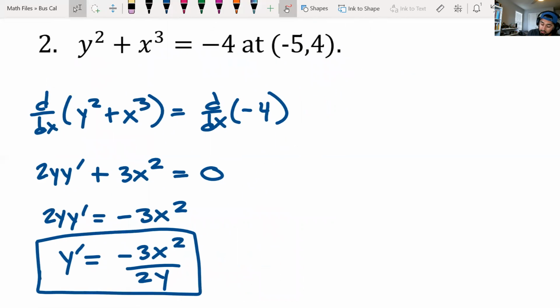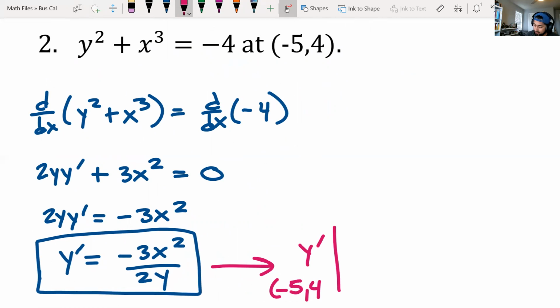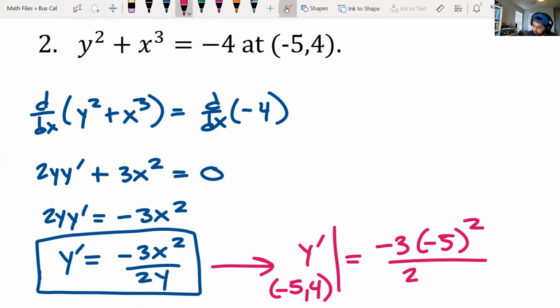And now we are going to evaluate it. We're going to say y prime at the given point of (-5, 4). Again, now we actually have a y value. So this is going to be -3 times -5, the x value, over 2 times 4, the y value.